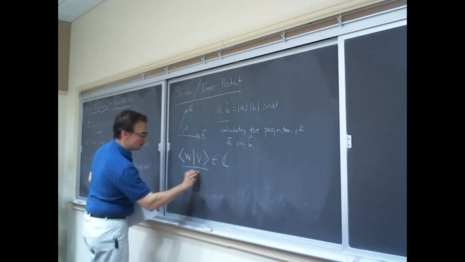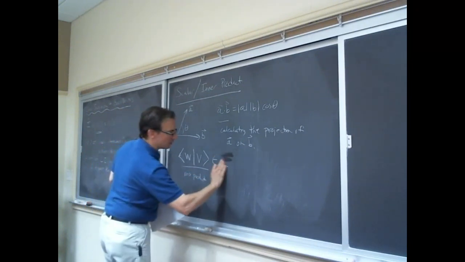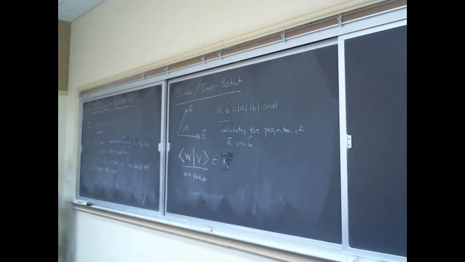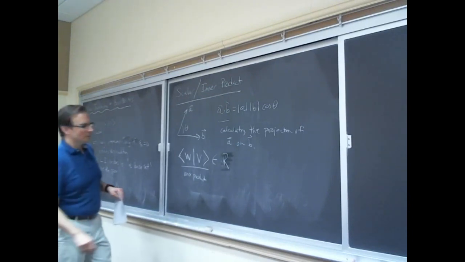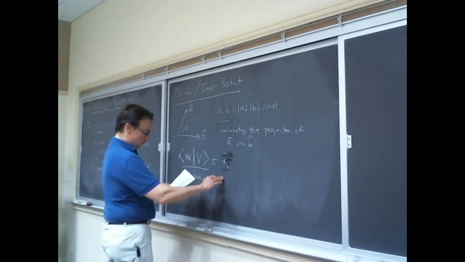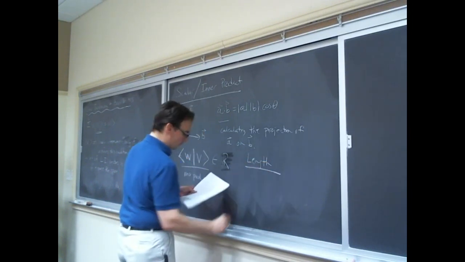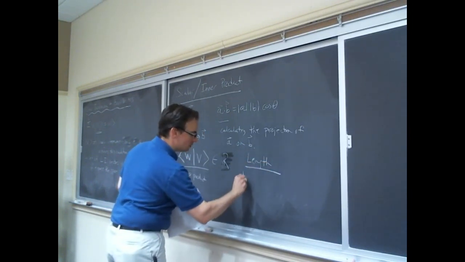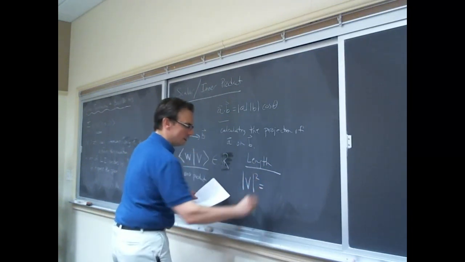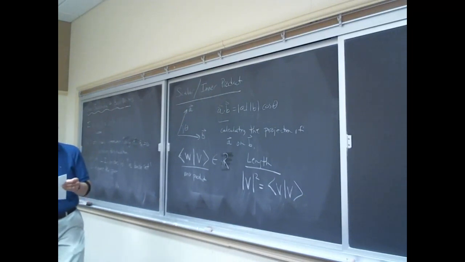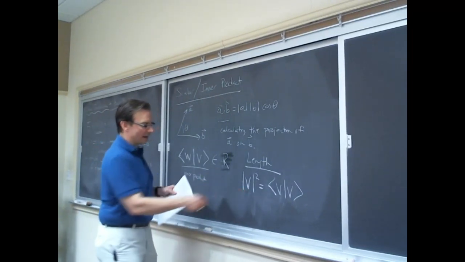Doesn't that have to be real? Sorry, yes, real. Yeah, because the length, if you do V with V, you always get a real number. So W with V should also only be a real number. Okay, and so this lets us generalize the definition of length. So the length squared is just equal to bra V ket V. And then we can take the square root of both sides to get the actual length of V.